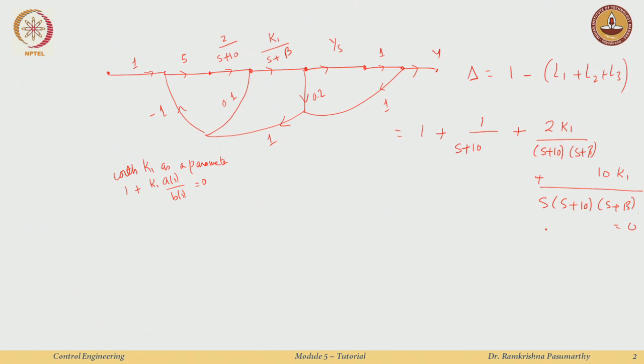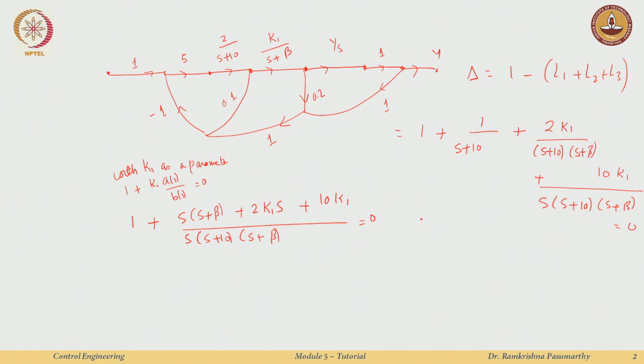I just do some manipulations, and what I get is, so first let us see, this will become 1 plus s plus beta plus twice k1 times s plus 10 k1 over the entire denominator, s plus 10, s plus beta, equal to 0. Okay.